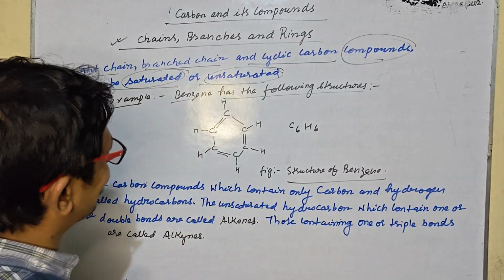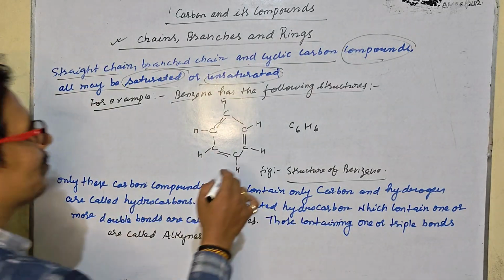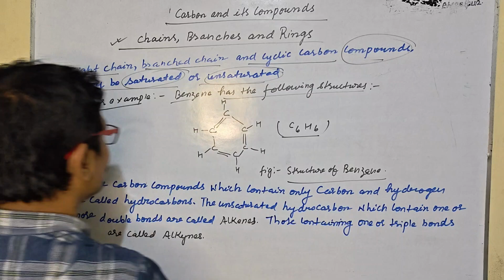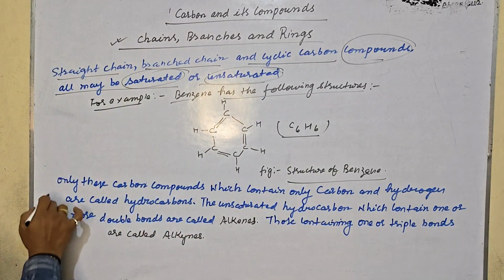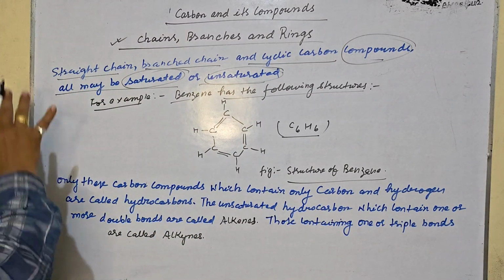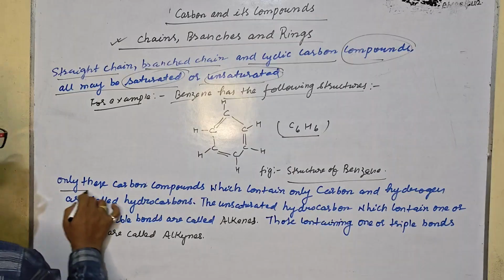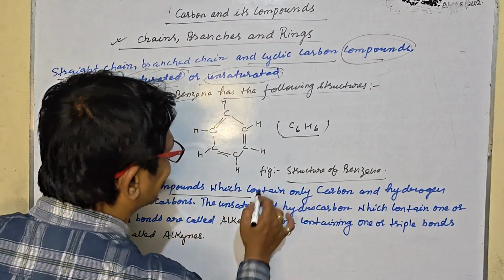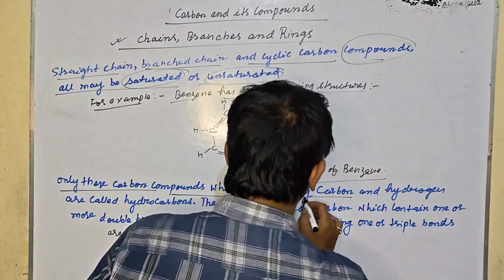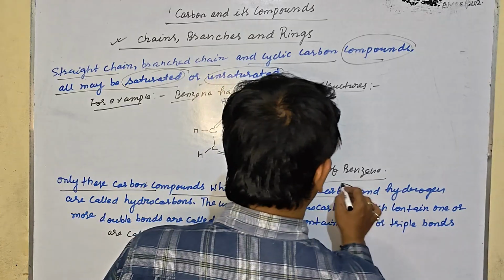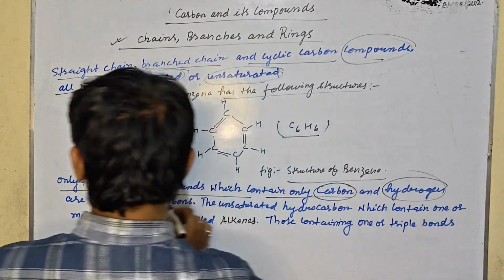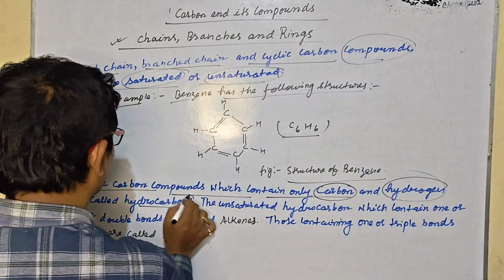So the attachment of carbon with hydrogen gives the formula C6H6, and in conclusion of the whole chain, branches and rings, only those carbon compounds which contain only carbon and hydrogen are called hydrocarbons.